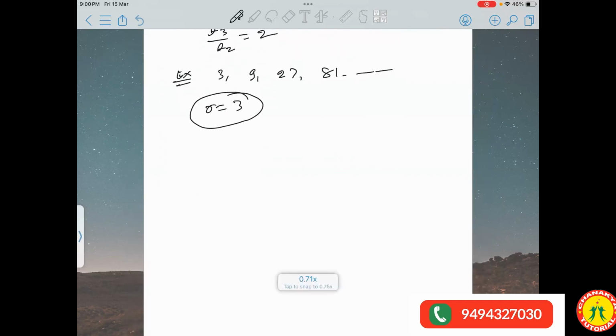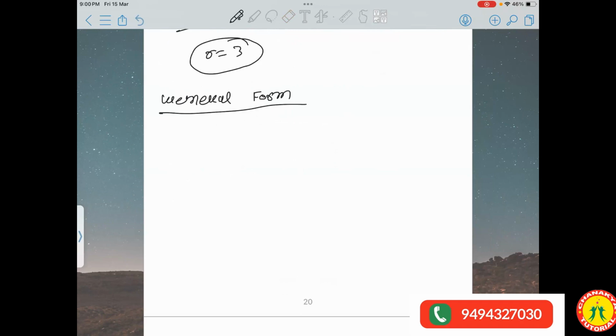So now we can say the general form is A, AR, AR square, like that. So this is the first term, this is the second term, this is the third term, like that.